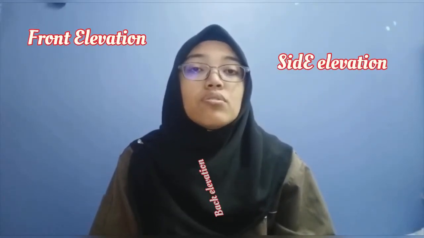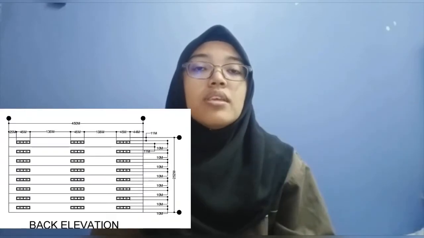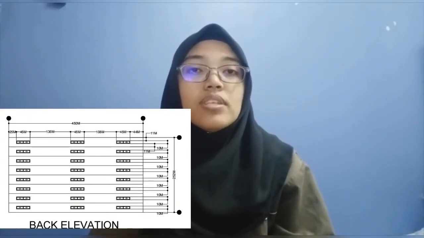However, floor 3 consists of 2 rooms, 2 toilets, 2 lifts and 1 stairs. We also have the dimensions for the front elevation, side elevation and back elevation of the 8-story academic building.